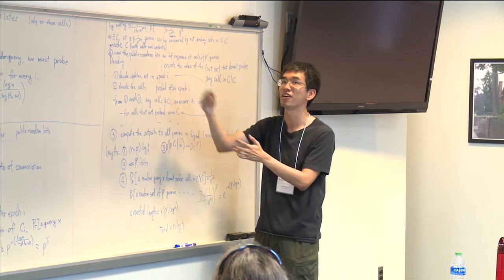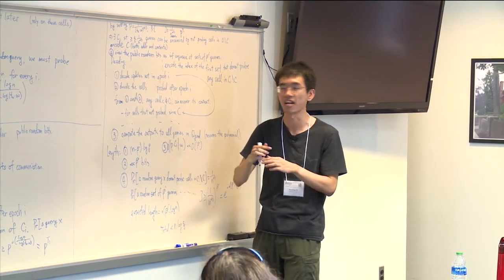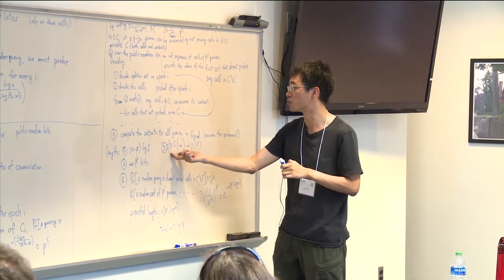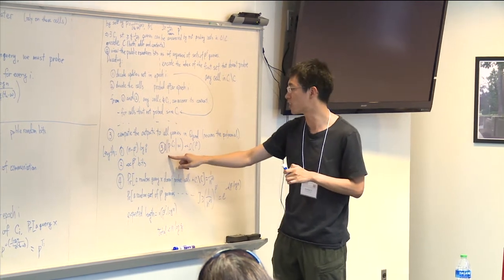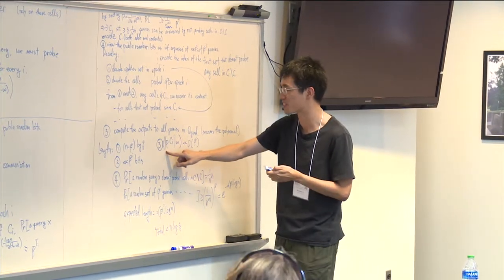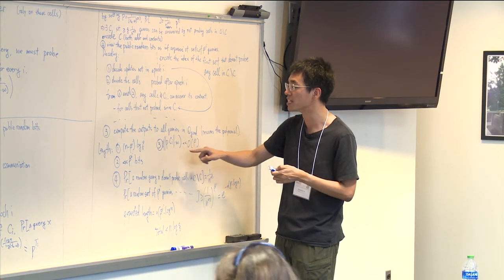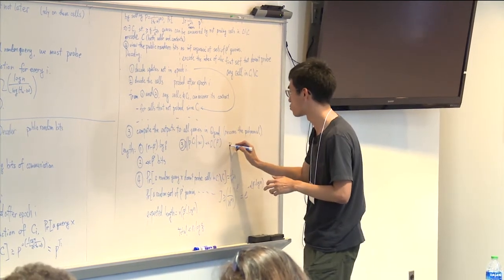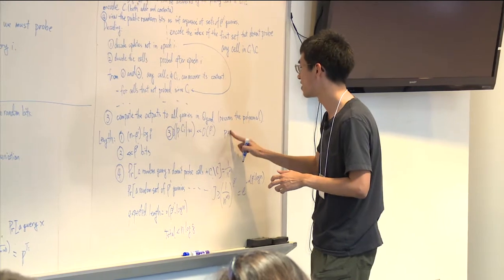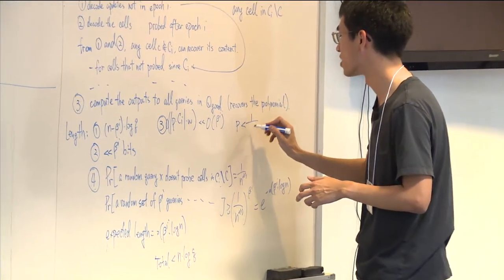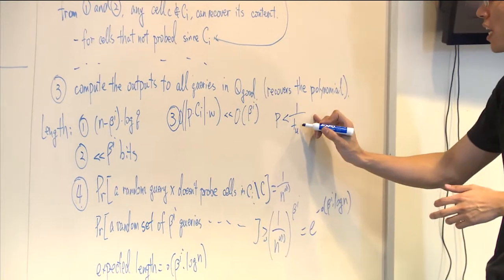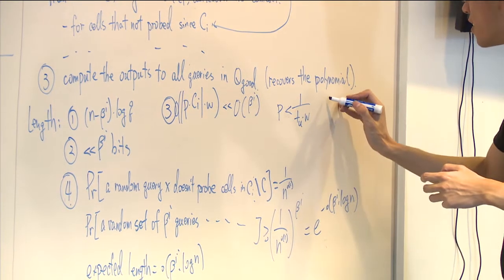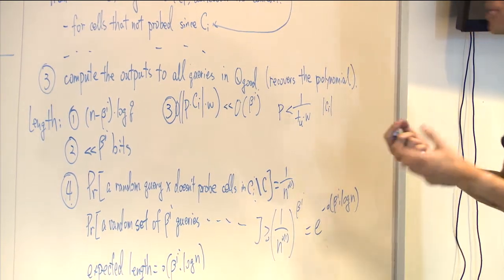So this gives a constraint on p and t_i. For fixed t_i, what is the smallest p you can have? On the other hand, in order to encode C, we need to use that many bits. So in order to get a contradiction, this part of the encoding must also be smaller than the length of the epoch. So this adds another constraint that p has to be at most 1 over the update time and the word size, right? Because each cell in C_i is something updated during epoch i.